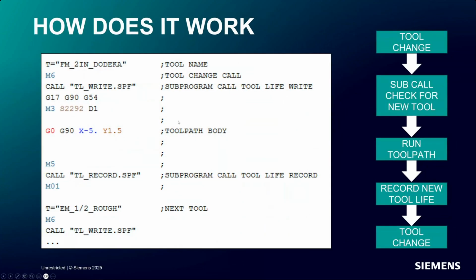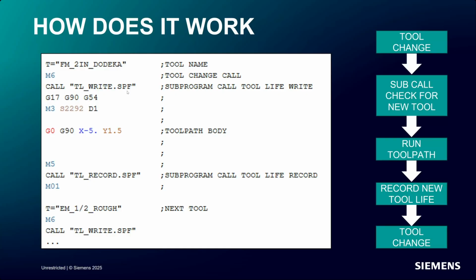As soon as a tool is called into the spindle in our program, the first macro that's going to be read as a subprogram is our tool life write program. That program is looking at the tool that just got called into the spindle and asking, is this a new tool?